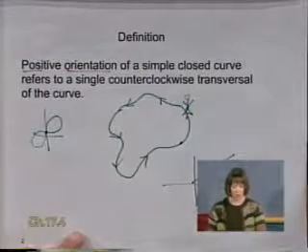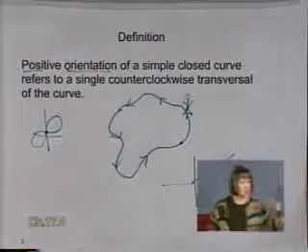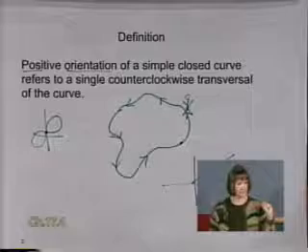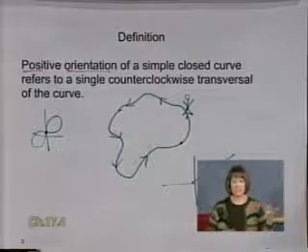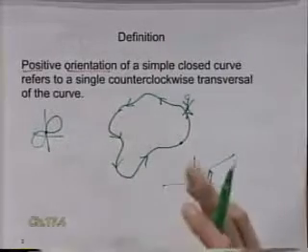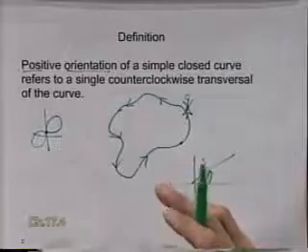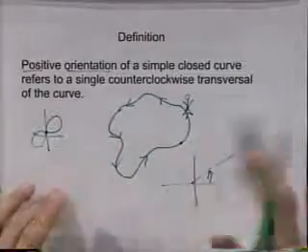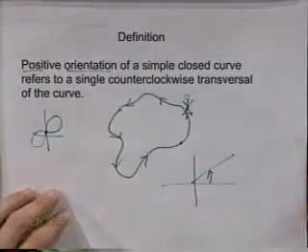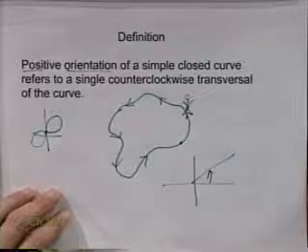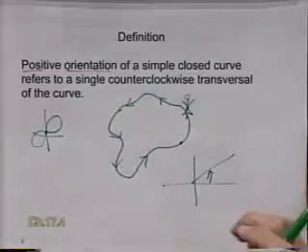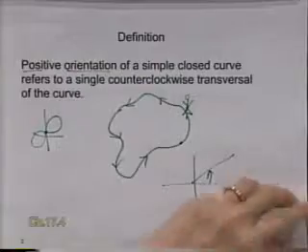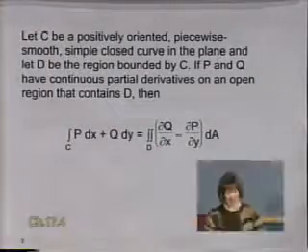If I have a little guy walking along the curve, his left arm is always pointing into the region. Now, why do I mention that? Well, because when we get to talking about orientation when we're in space, counterclockwise won't necessarily make sense, whereas walking around with a little positive k on top of your hat would make sense with having the region inside. All right, now, this is Green's theorem.